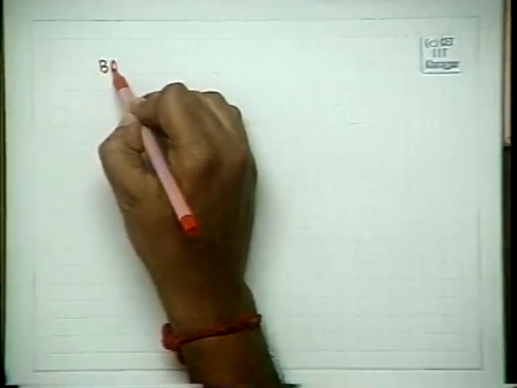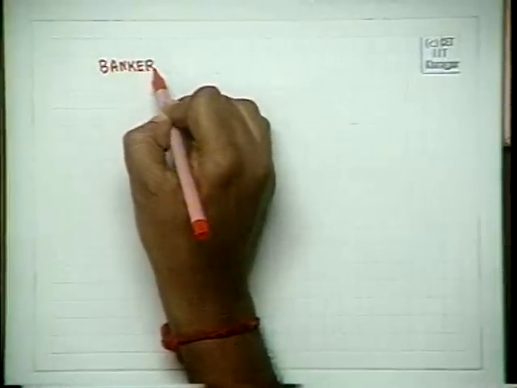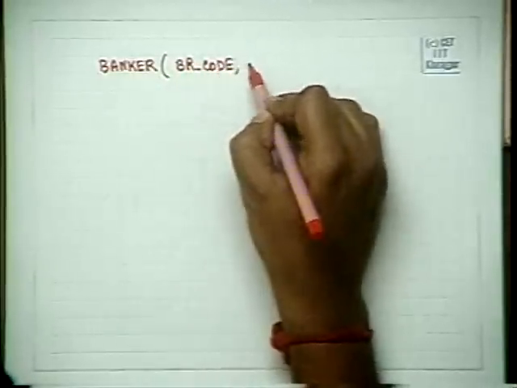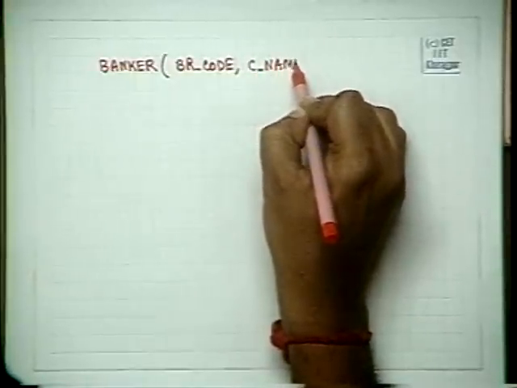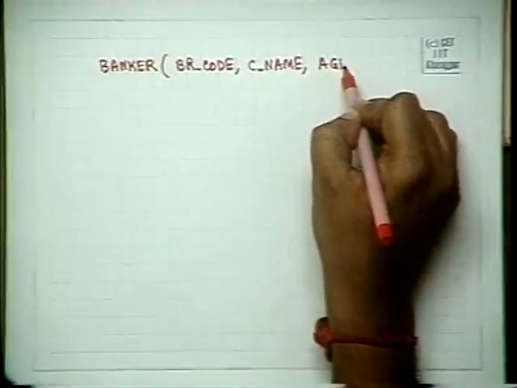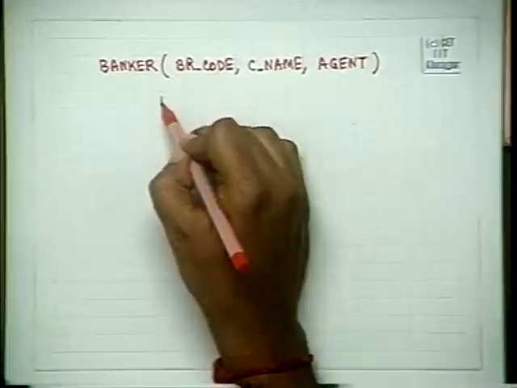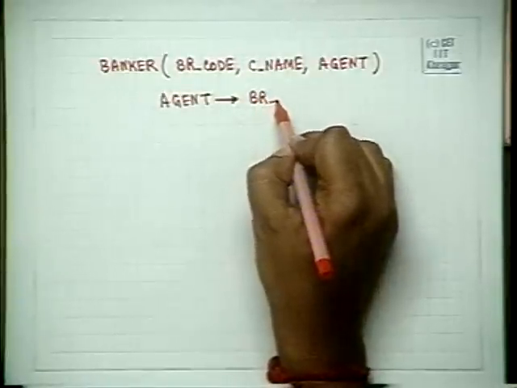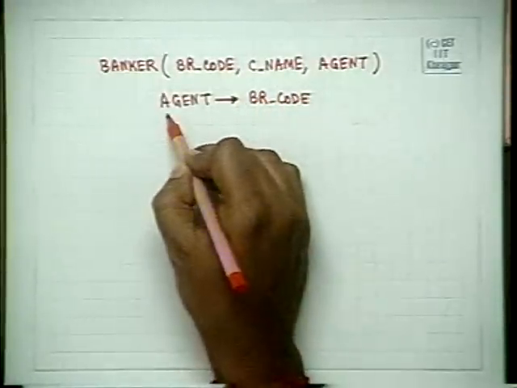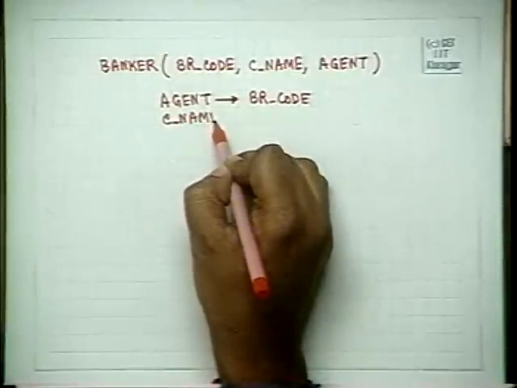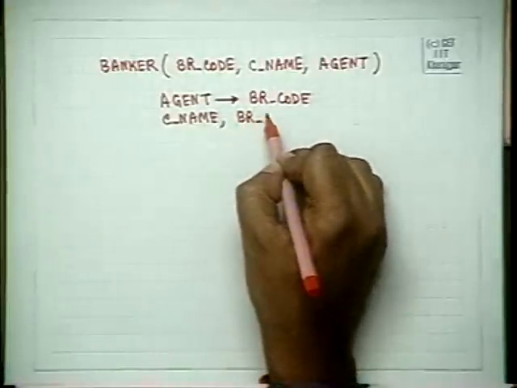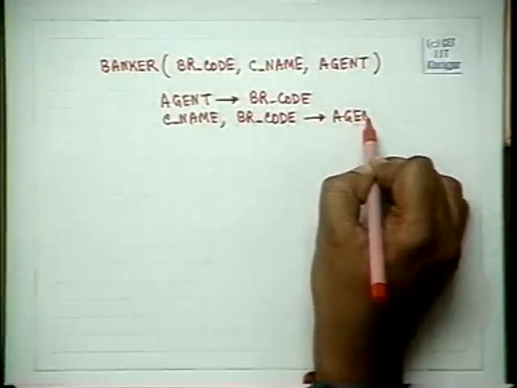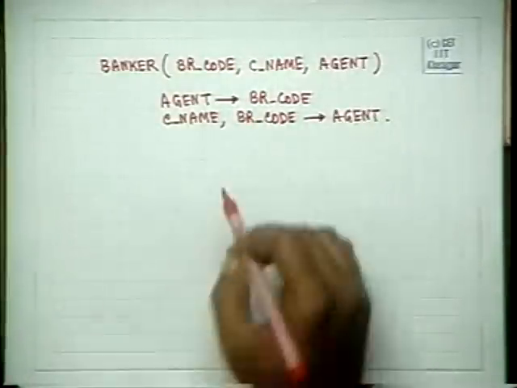We had the original banker, BR code, customer name, agent, and we had agent to branch code and customer name, comma branch code, to agent. Now let us see two options.